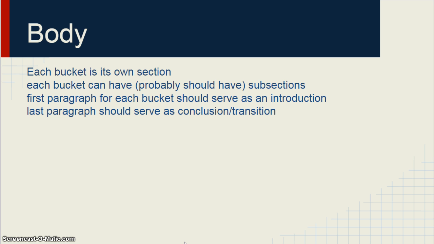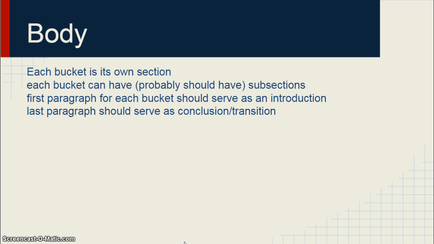So as we think about writing the body of our literature review, I like to think about each bucket as being its own section. And each bucket should really have subsections as well. So let's say that we've pulled 20 articles related to a particular bucket, and we've written an outline.